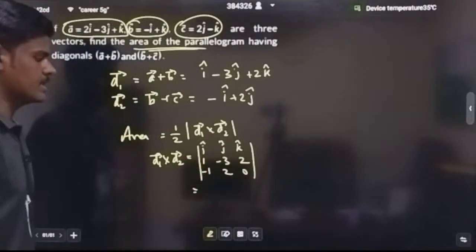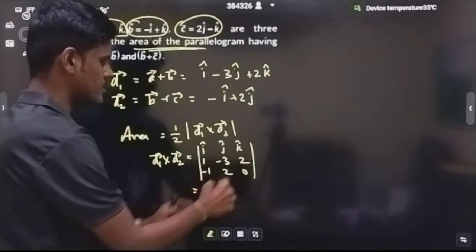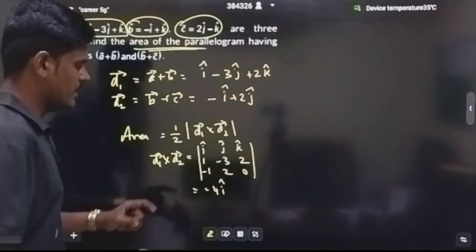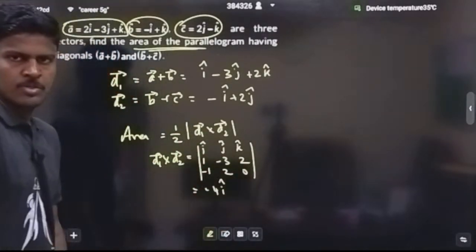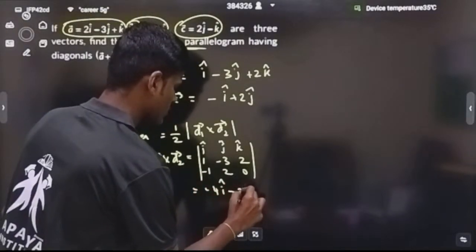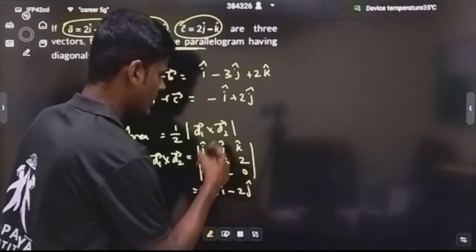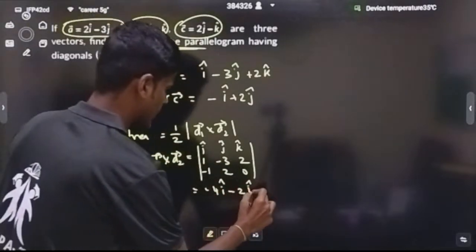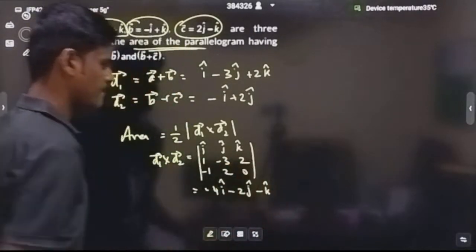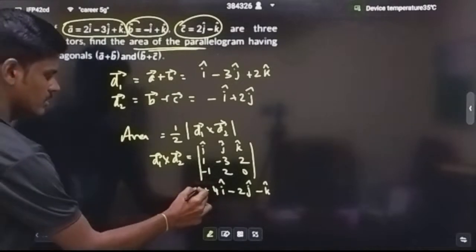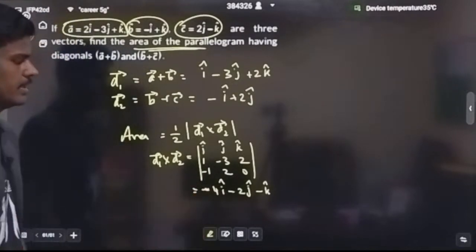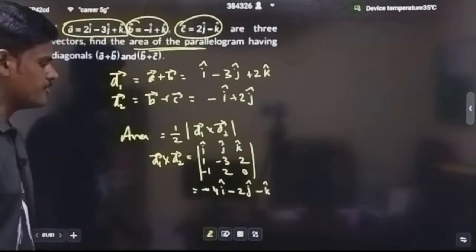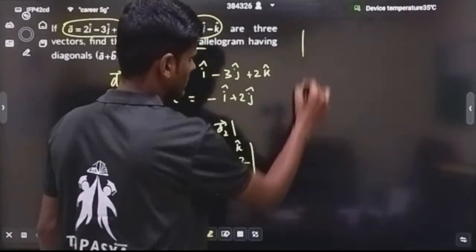And what is the answer for this? First term is 0 minus 4, so it will be minus 4 i cap. Minus j into 0 plus 2, so it will be minus 2 j cap. Then plus k cap into 2 minus 3, that is minus k cap. So this is D1 cross D2. Now what is modulus of D1 cross D2?